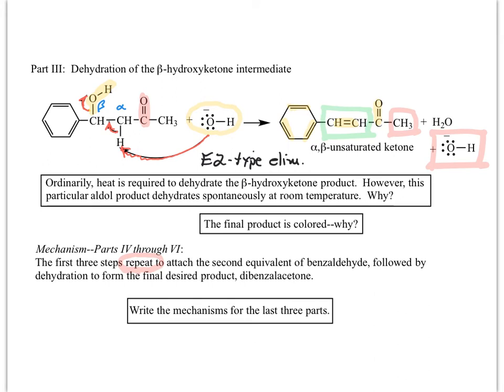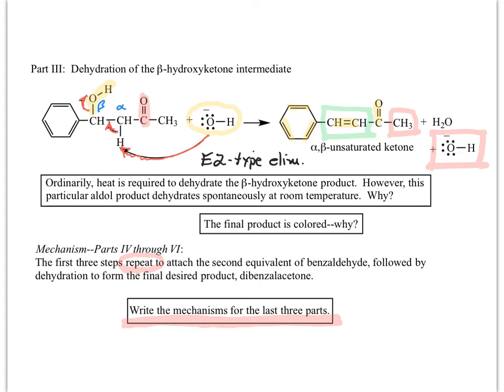And so use the same model to develop a mechanism and to complete your mechanism for the reaction of another molecule of benzaldehyde with the other methyl group that we've got here.